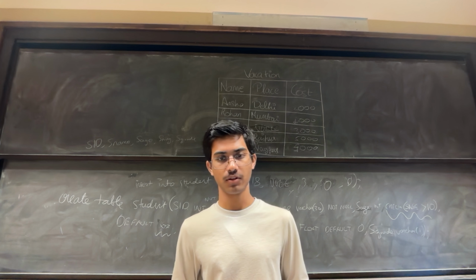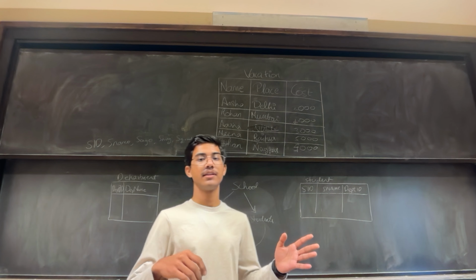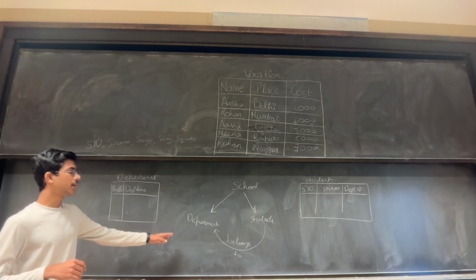Let's say that I have a school database where I divide it into a department and a student table. So I have a table called department which has department ID and department name, and I have a table called student which has the student ID, student name and the department ID.